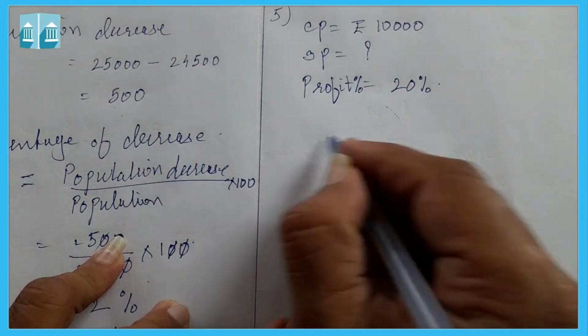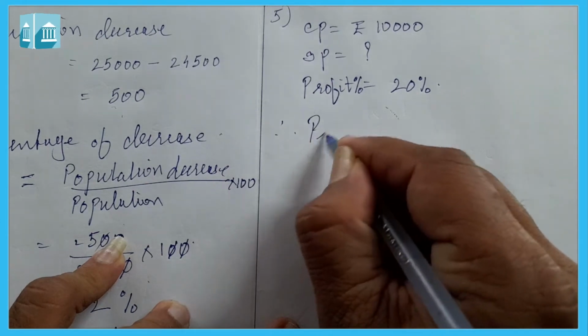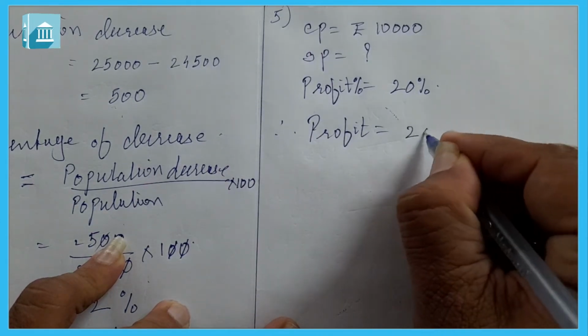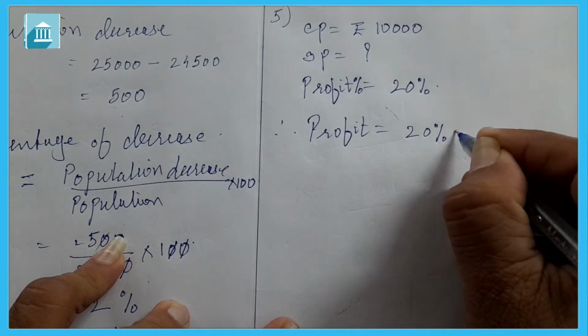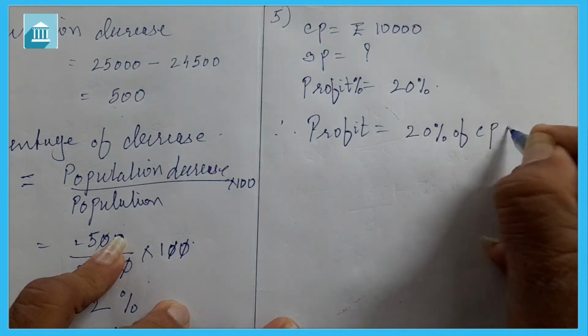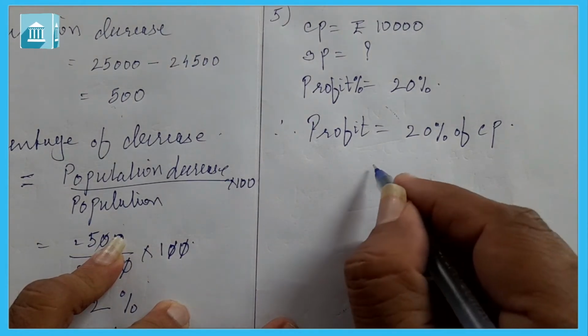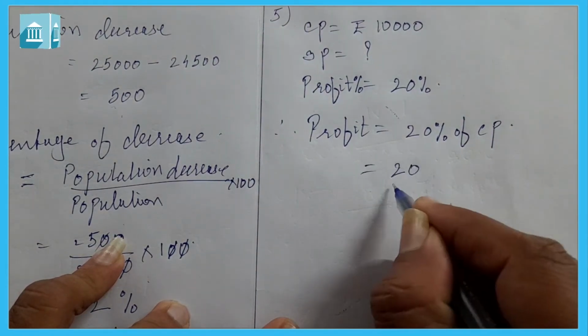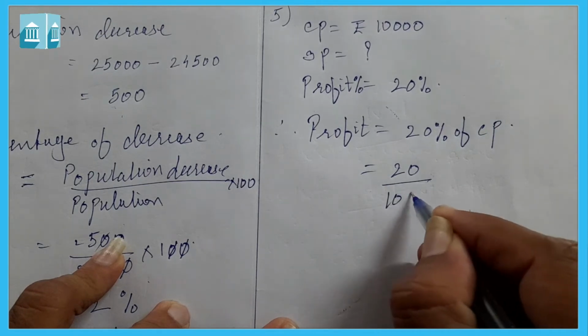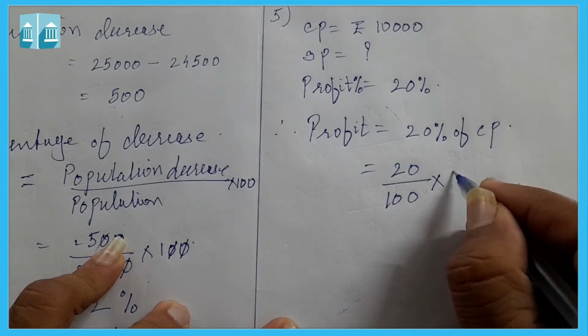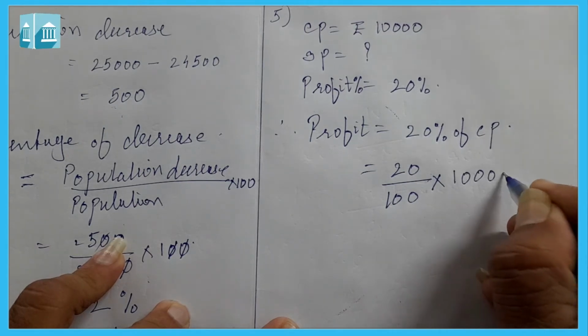So we can say that profit percent is given as 20%. Therefore profit is equal to 20% of CP. In place of "of" we can say multiplication, then CP is given rupees 10,000.